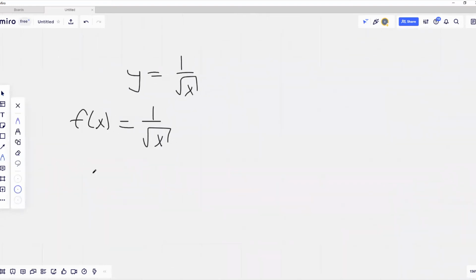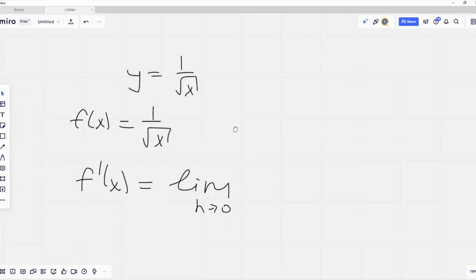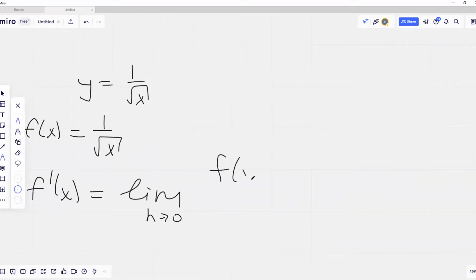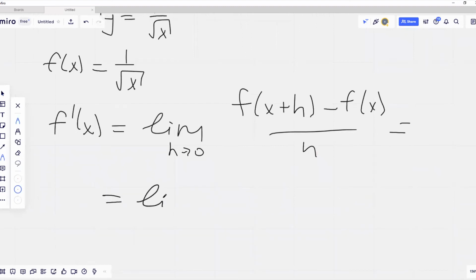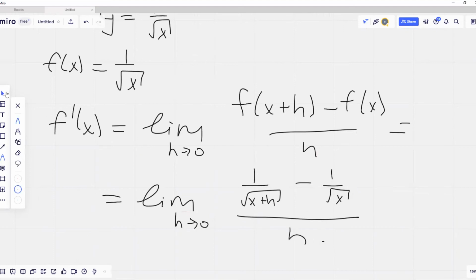Then if you recall the limit definition of derivative, this is the limit when h is approaching 0 of f of x plus h minus f of x divided by h. So let's plug in the value of x plus h into our function of x. So we'll end up with 1 over root of x plus h minus 1 over root of x, divided by h.